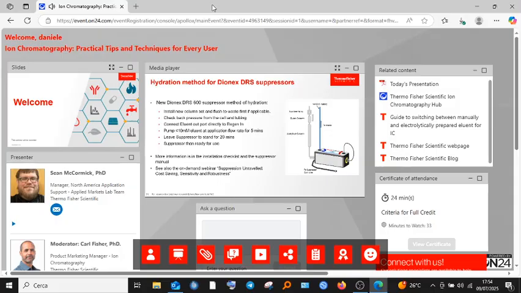Hydration is the slow addition of water or eluent to the membrane surface, allowing them to plump up and separate. We want to do this slowly and gently, as if you try and do it too fast or with too much force, it could rupture the membranes of the suppressor and therefore dictate its replacement. The instructions for doing this are available in the installation checklist and in the suppressor manual.